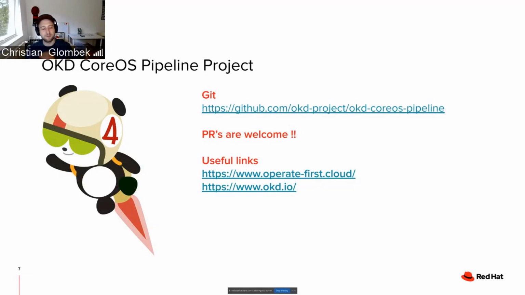We will add on top a few changes and a few RPMs that we need as dependencies for running OKD, the cluster, on top of that base operating system. And the great thing about CoreOS layering is that it just works like any container build you're used to. You have a Dockerfile or a container file where you just install more packages using rpm-ostree.